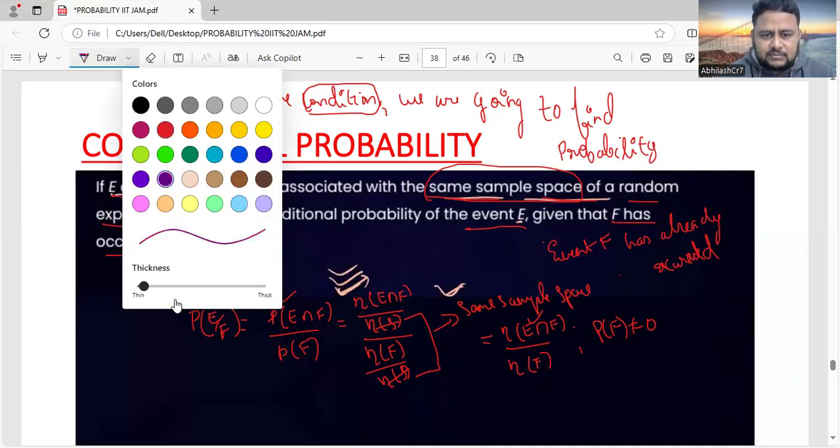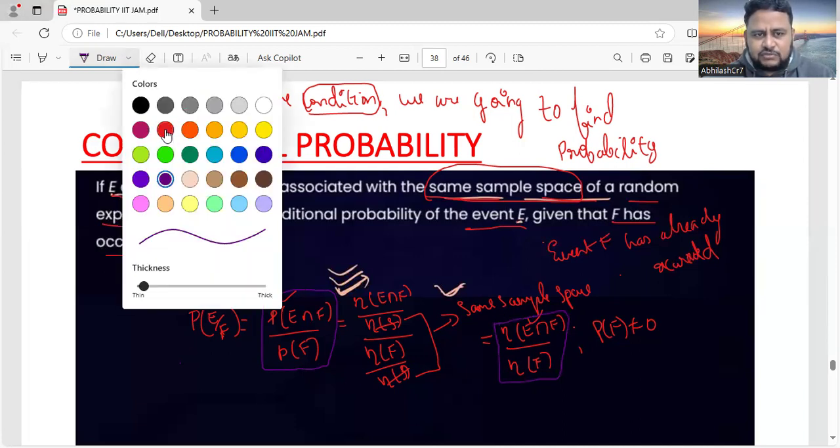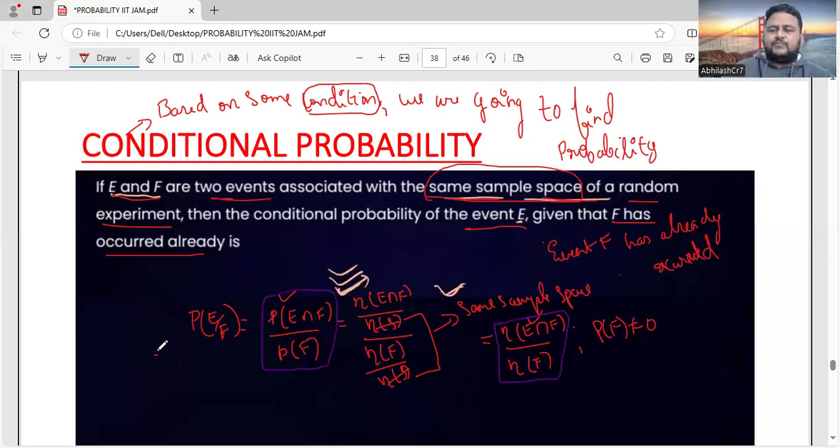If you use either, you'll get the same answer. This formula is the reduced form of this formula. That's all. Got it, friends? So this is about conditional probability.